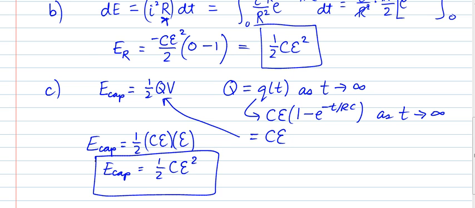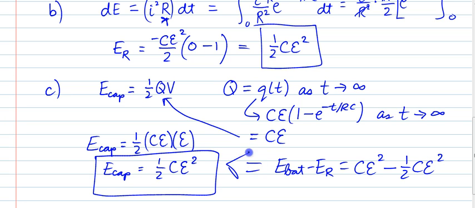As a check, if I take the energy of the battery and subtract the energy of the resistor, I'm going to have C E squared minus 1/2 C E squared, which amazingly enough is 1/2 C E squared. So I know that I've done that correctly.